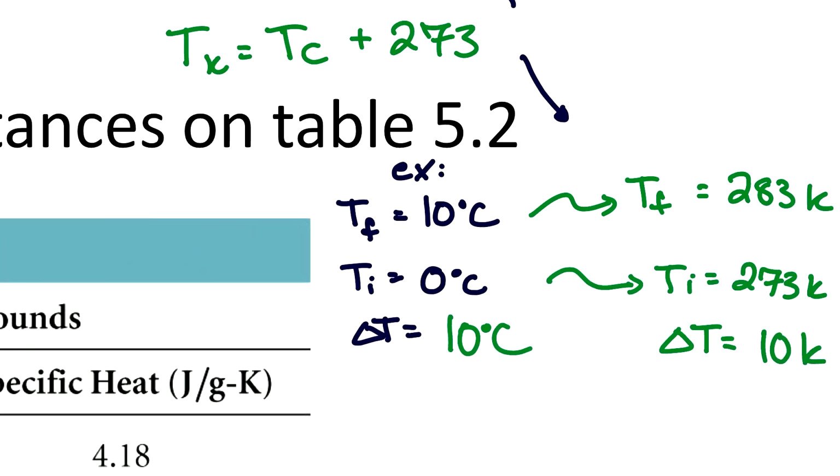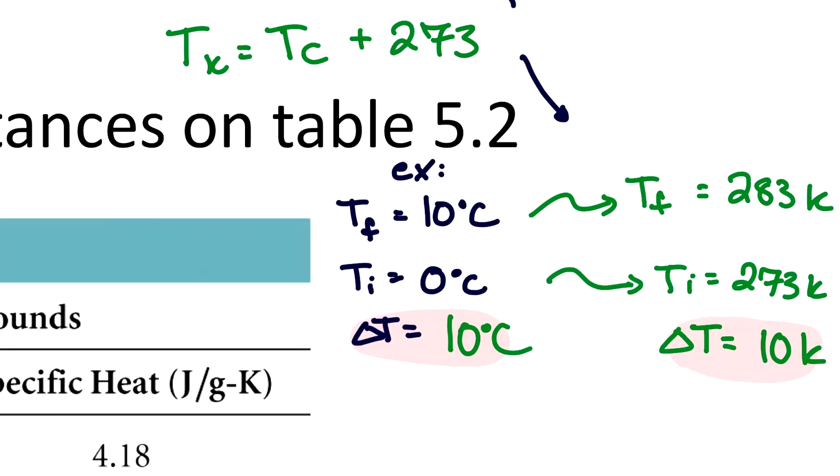So see what I mean? A change in temperature in Celsius is the same as your change in temperature in Kelvin. The differences between these numbers are the same, but the absolute Kelvin and Celsius temperatures are different.